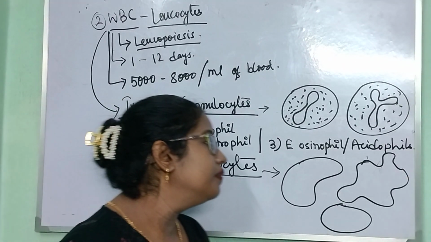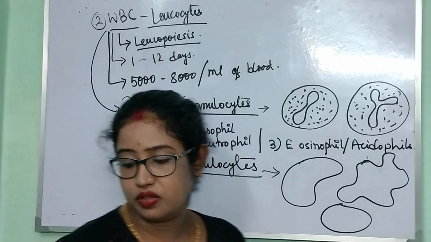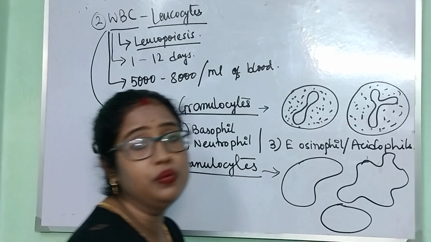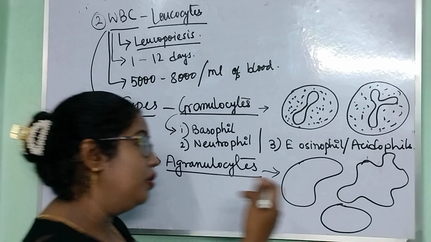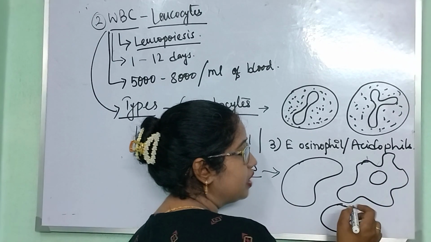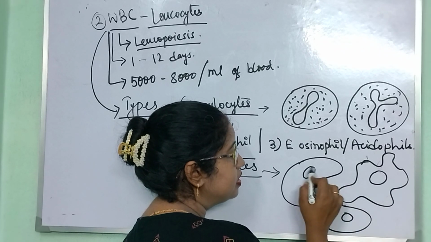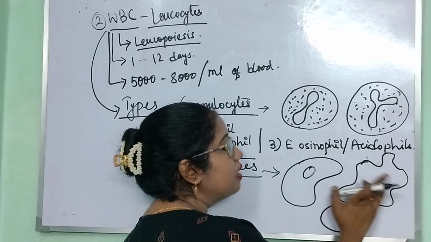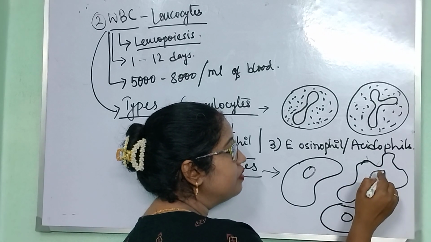The nucleus in the cell is generally spherical, or in some cases the nucleus is kidney shaped.